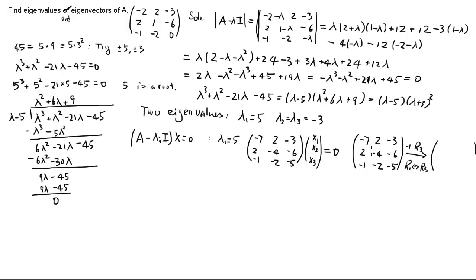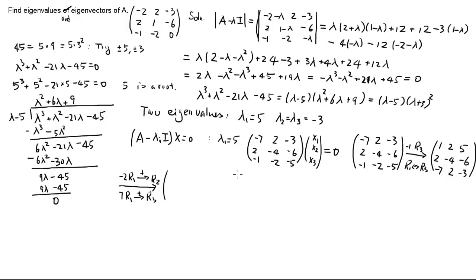Let's look at what we have over here. We have 1 and 2 and 5. The second one is not changed, so this is what we have. The last one is negative 7 and 2 and negative 3. Now we have leading one over here, so we need to multiply negative 2 to R1 and then add it to R2. And then for the last one, we simply multiply 7 to R1 and then add it to R3.